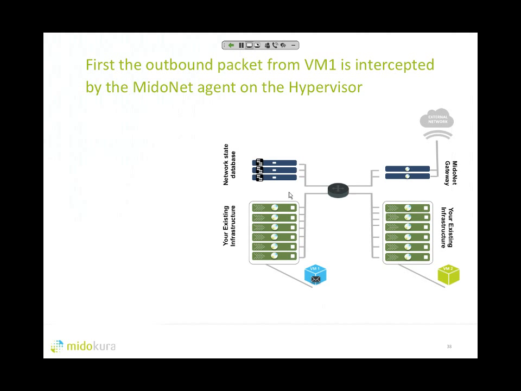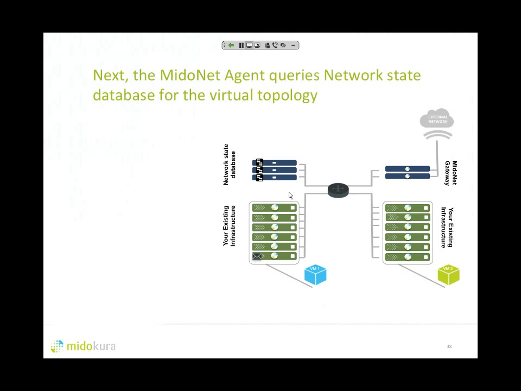The first outbound packet comes from the VM and is intercepted by the MidoNet agent on the hypervisor. This happens only at the very first single packet coming from the VM. 99.99999% of the time, the information will be stored locally already from previous initial traffic flows. So in the case where it was the first outbound packet, this packet does a query.